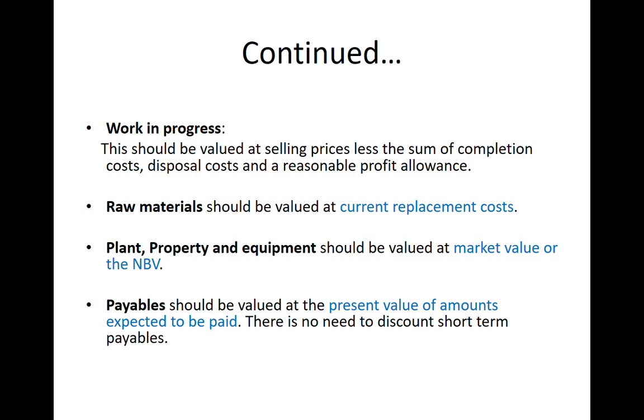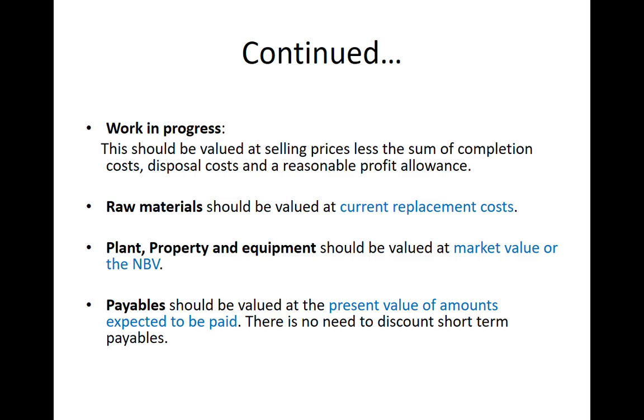Then what we call plant, these are plant or property and equipment. Those ones are valued at the market value, but specifically because these are depreciating equipment and the property, some of them depreciate.